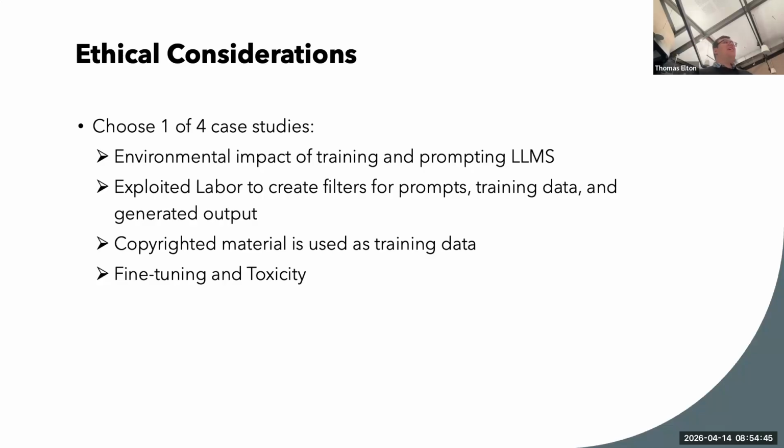There are more; these are just 4 examples: the environmental impact of training and prompting LLMs, exploited labor to create filters for prompts, training data, and generated output, copyright material being used as training data, and fine-tuning and toxicity.